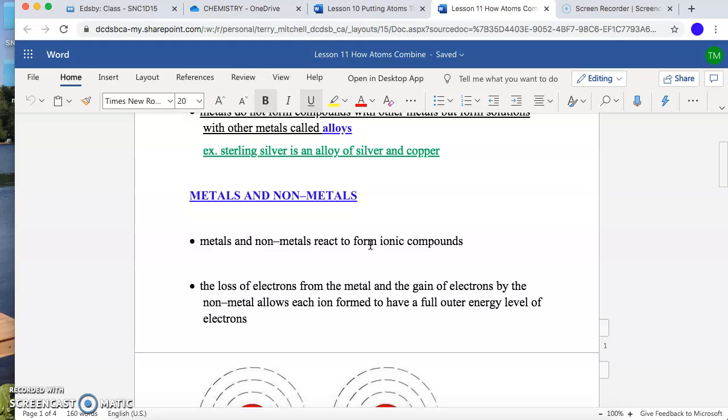So because there's a positive and a negative ion, and an ion, of course, is just an atom with a charge, when you have a positive and a negative, they attract to each other. And when they attract to each other, we get a reaction and we get something new.